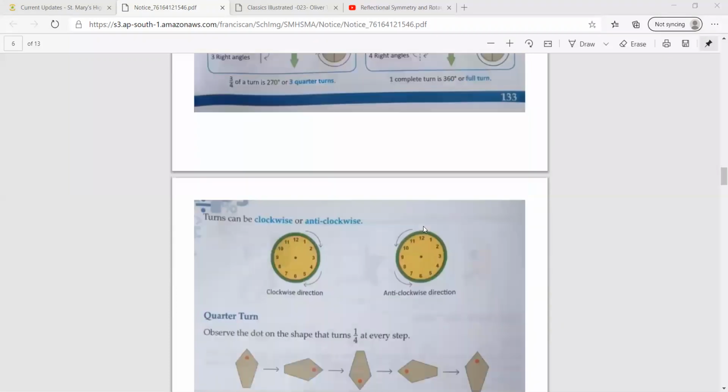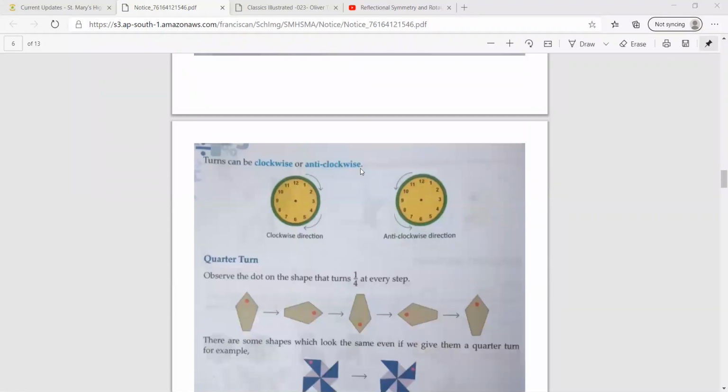Now yesterday I explained something called clockwise and anti-clockwise also. So what is that? Turns can be clockwise or anti-clockwise. Now clockwise means how do the hands of the clock move? They go from this side to this side. So this is how the hands of the clock move.